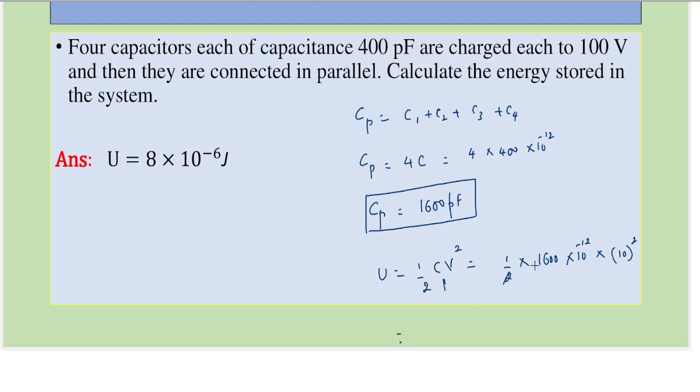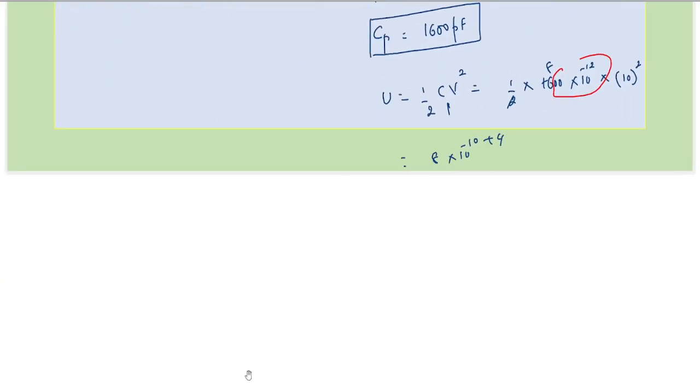So 2 ones are 2, 8 twos are 800 times, so it will be 8 into 10 power minus 10 into 10 power plus 4. So it becomes 8 into 10 power minus 6 joule, or 8 microjoule. So this is the required answer.